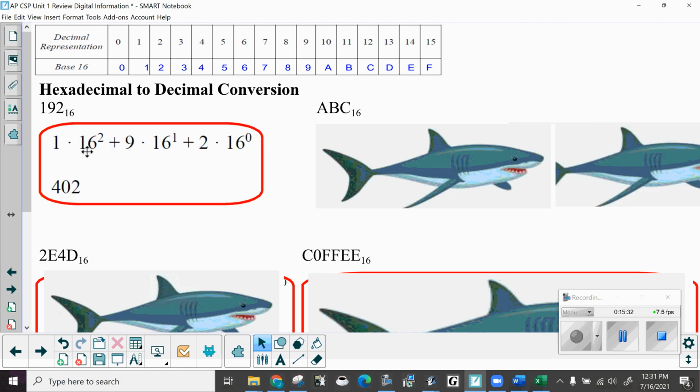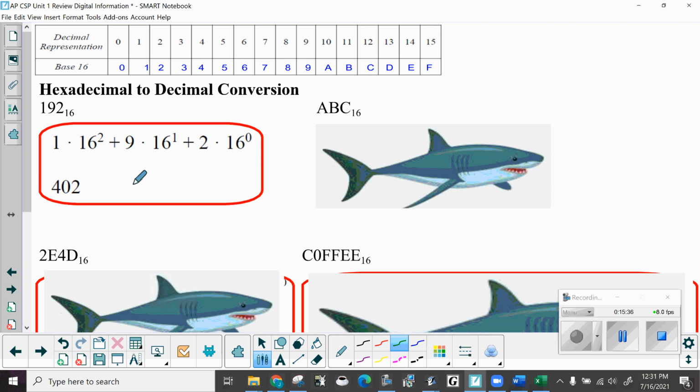So it looks like this. And then I'm going to add each of these items together. Okay? And again, 16 to the 0 is just 1. Okay, whoops, actually I had that times 2. Oh yeah, times 2, there it is. Okay? Sorry, the 1 was out here.